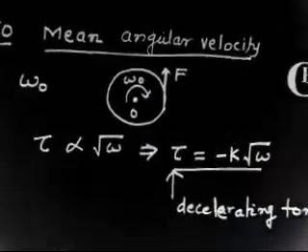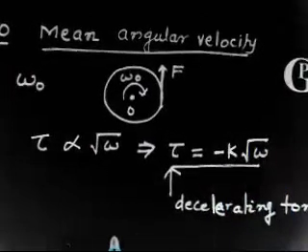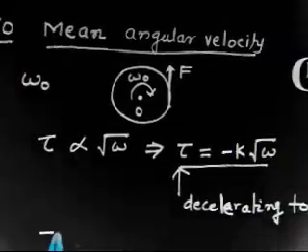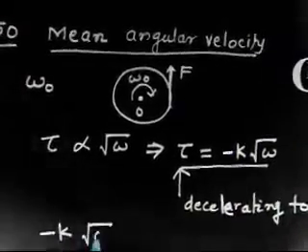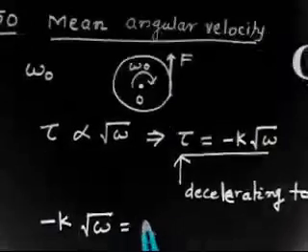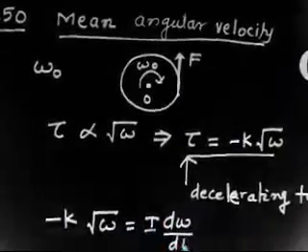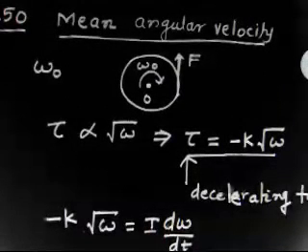Are you getting? Now torque is proportional to k under root omega, and torque can be written as I alpha. So I can write minus k under root omega is equal to I alpha, and alpha can also be written as d omega by dt. Are you getting?